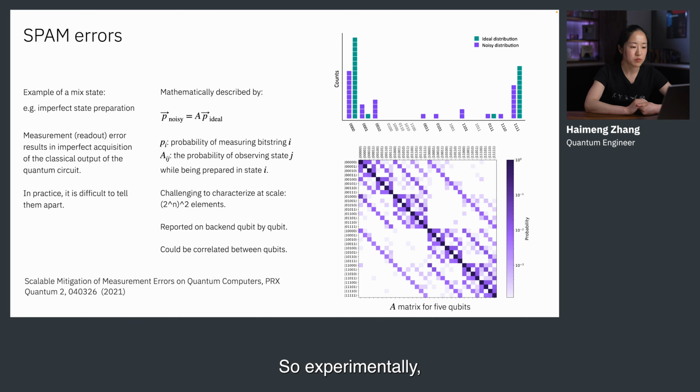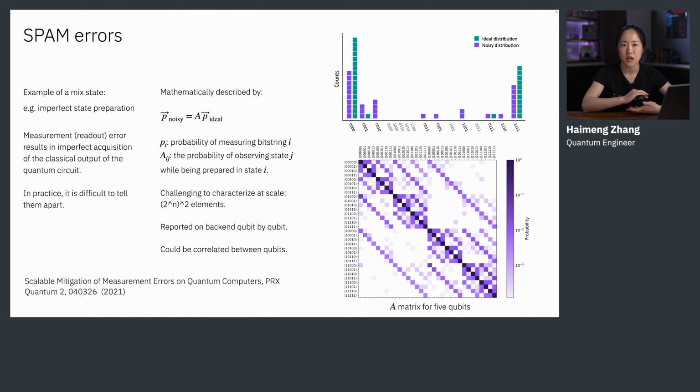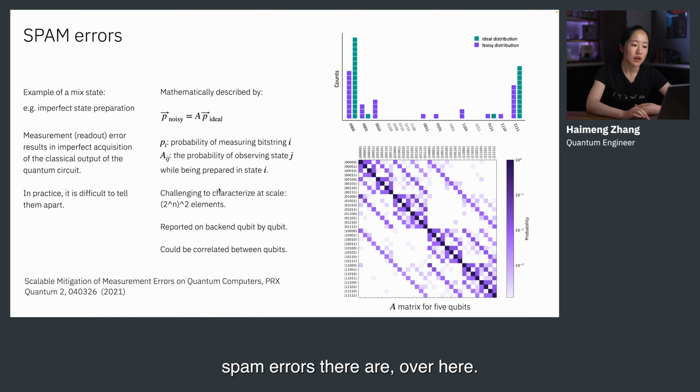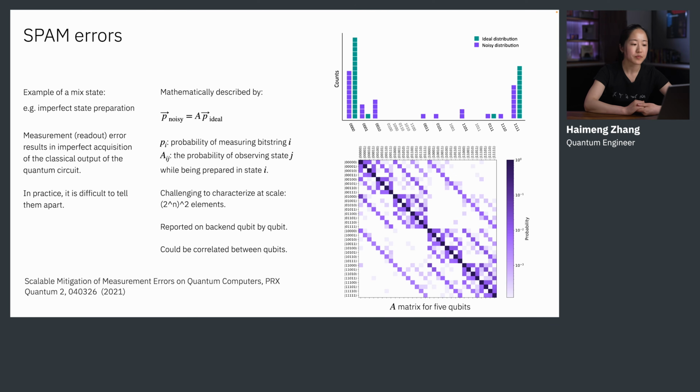Experimentally, we can try to characterize this A matrix, which would give us an idea of how much SPAM error there is. Over here on the bottom right, we can see an example of such an A matrix.